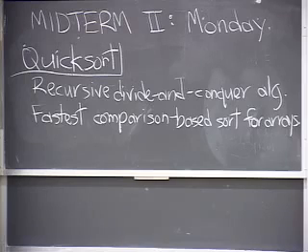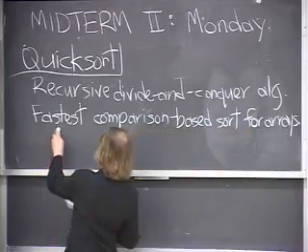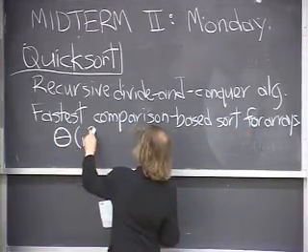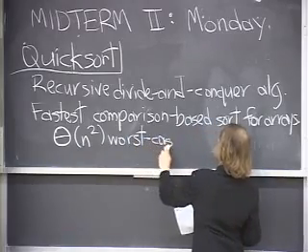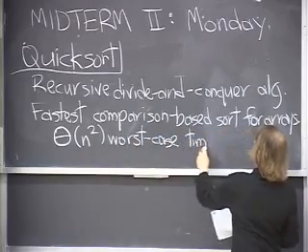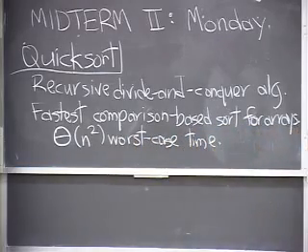Now that I've said it's the fastest comparison-based sort for arrays, it might sound contradictory when I tell you that its running time is actually theta n squared in the worst case. But if you implement it cleverly, then n squared hardly ever happens.